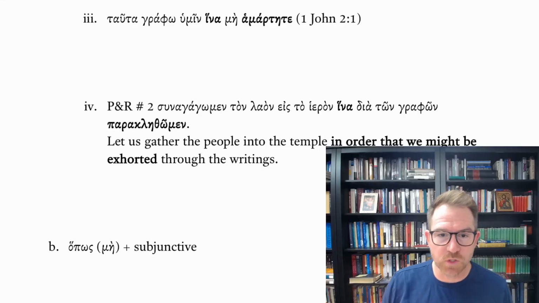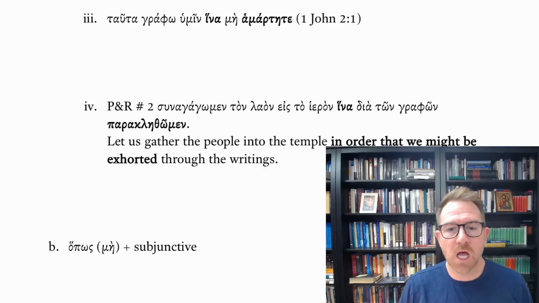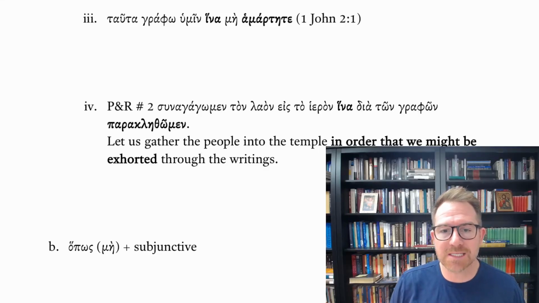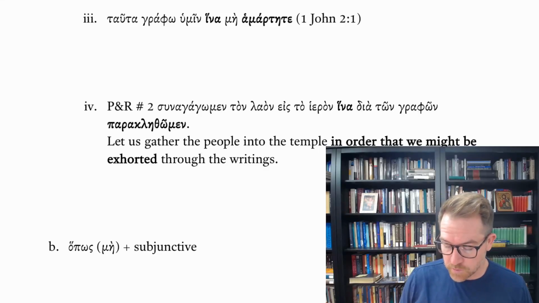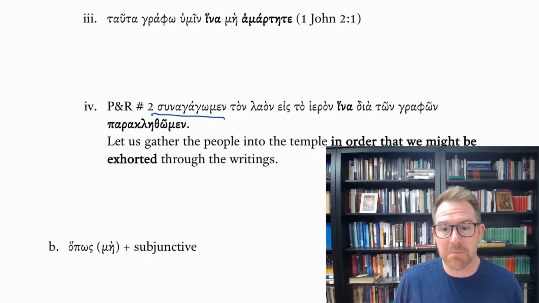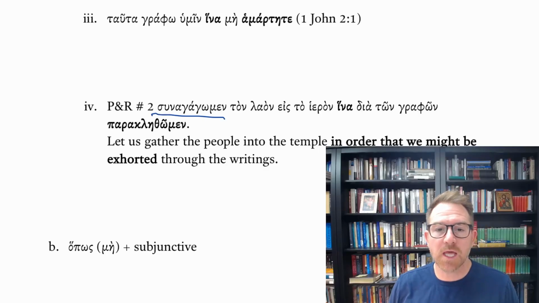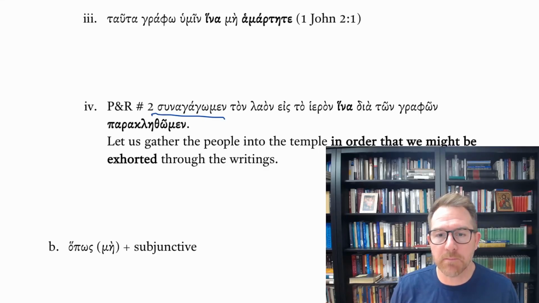Practice and review sentence number 2, synagogamen ta laon es ta heron hina diaton graphon parakleithomen. So we have here a hortatory subjunctive, so we can combine these different kinds of subjunctives. Let us gather ta laon, the people, es ta heron, into the temple, hina.